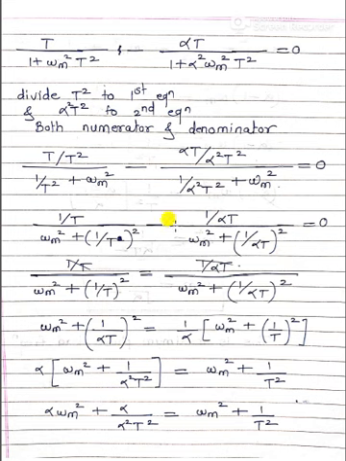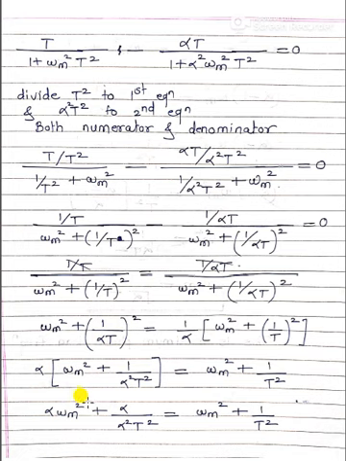Here, equal to 0 means both terms are equal. By solving this, 1 upon T gets cancelled, and omega square plus 1 upon alpha T square is equal to 1 upon alpha times (omega square plus 1 upon T square). By rewriting this equation, alpha is shifted here: alpha into the whole (omega m square plus 1 upon alpha square T square) is equal to omega m square plus 1 upon T square.